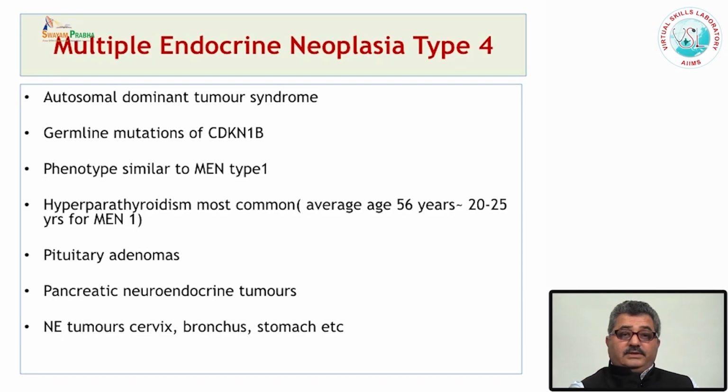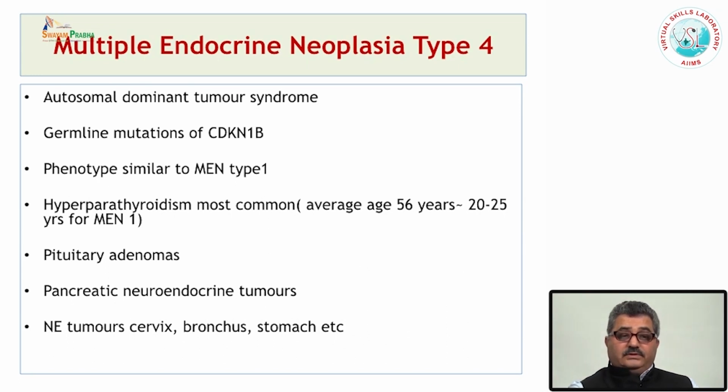Multiple endocrine neoplasia type 4 is a very recently described syndrome. It is an autosomal dominant tumor syndrome characterized by germline mutation of the CDKN1B gene. It is just like MEN type 1. The only difference between MEN type 1 and 4 is that in MEN1, the average age at manifestation is about 20-25 years, whereas in type 4, it is usually after the age of 50 years.